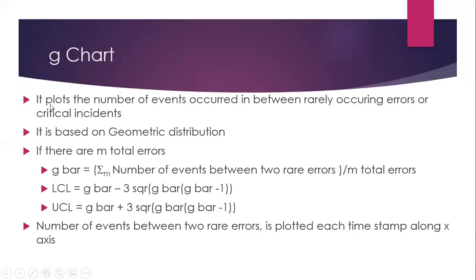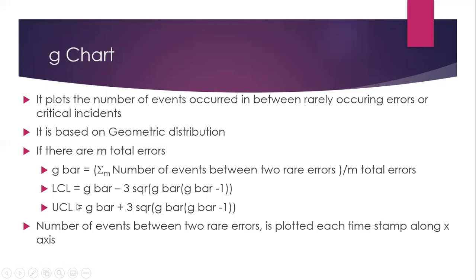G chart, it plots the number of events occurring in between rarely occurring errors or critical incidents. So if there are errors and critical incidents which are rare enough, we can plot the number of runs in between which are error free. It is based on geometric distribution. If there are m total errors, then g bar is given by this formula.